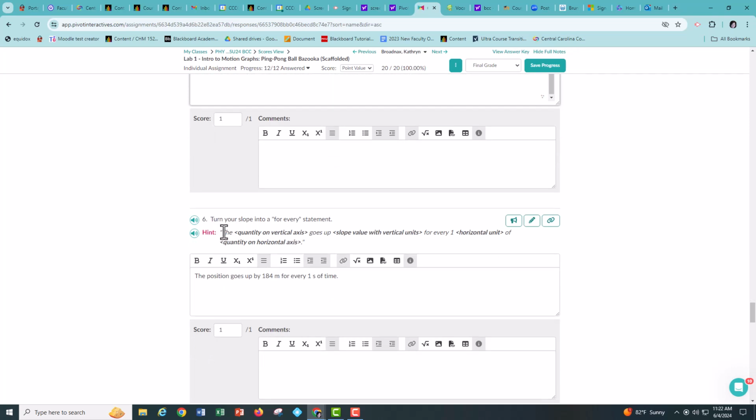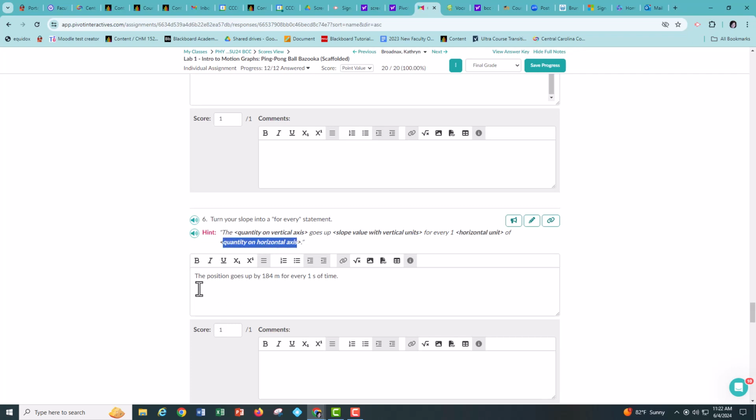When you got ready to write this statement, you were literally just filling in the blanks. The quantity on the vertical axis is position. The slope was 184 meters, the horizontal unit was seconds, and the quantity on the horizontal axis is time.